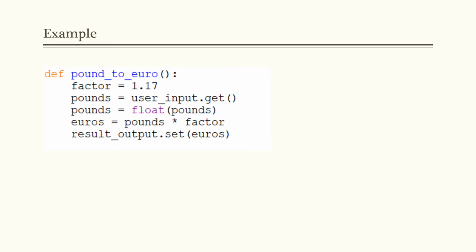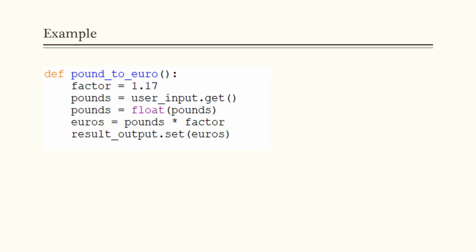You can see that we get pounds as a value from the interface, and we then convert that input into float data type. Now, you've got enough experience of Python to know that there's a problem there, which is if the user types some input that can't be converted into the float data type, you'll get an error message or your program might crash, and we want to avoid that, obviously.